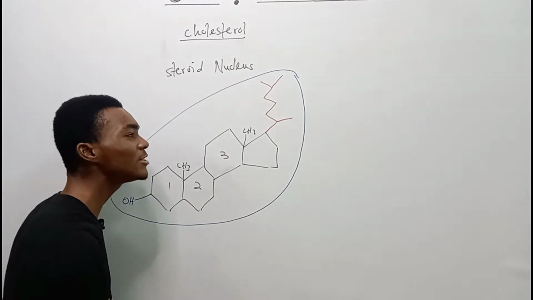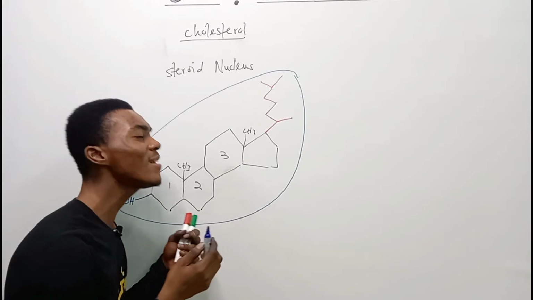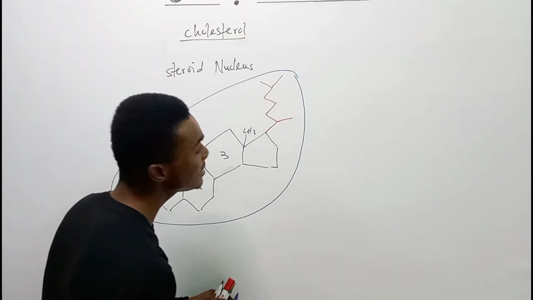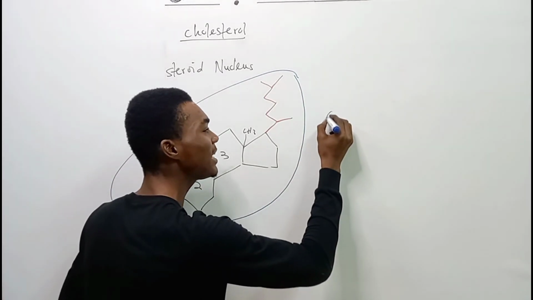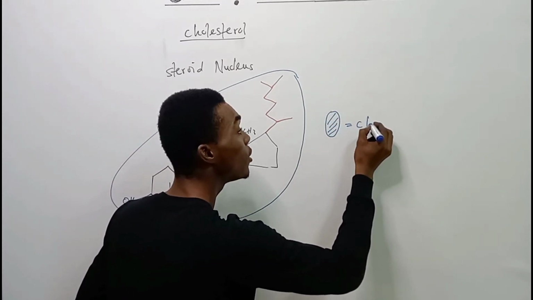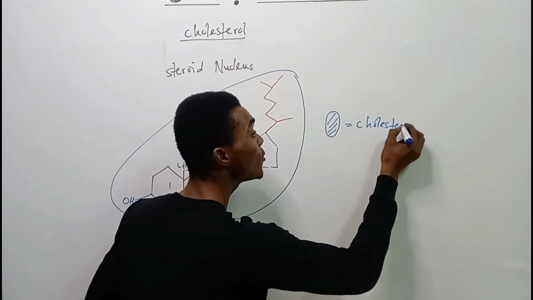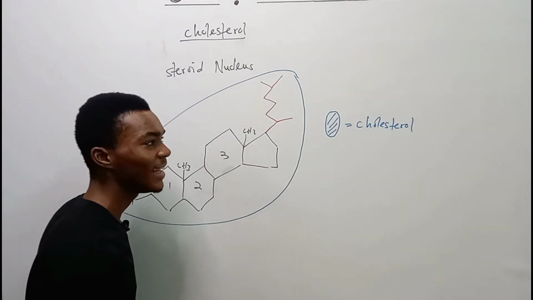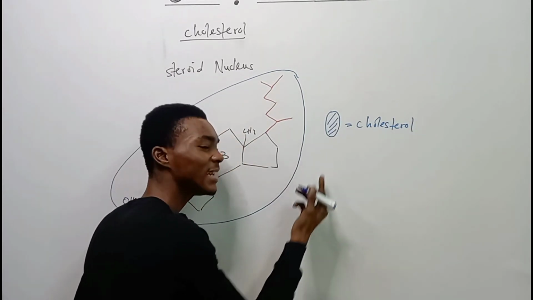This is going to help us make it a little bit smaller. So wherever we see a cholesterol molecule, you're just going to consider a long-standing oval which is shaded in the middle. So guys, this is going to represent our cholesterol molecule wherever we draw it. Is that okay? It's just a long-standing oval which is shaded.